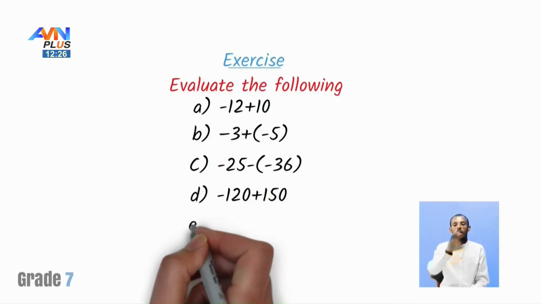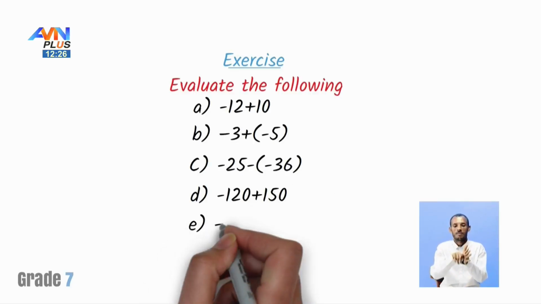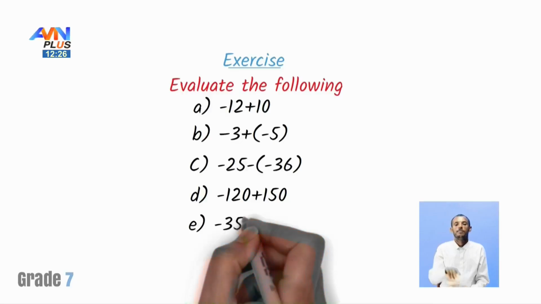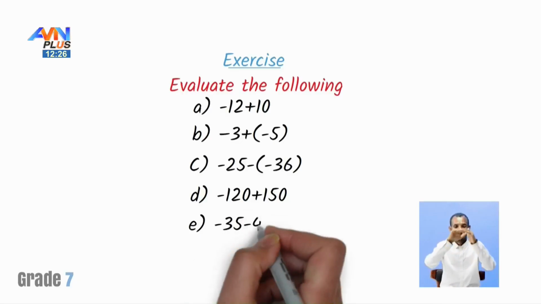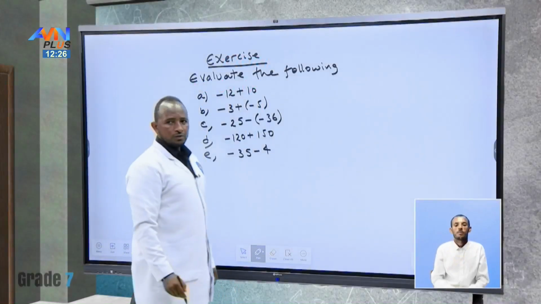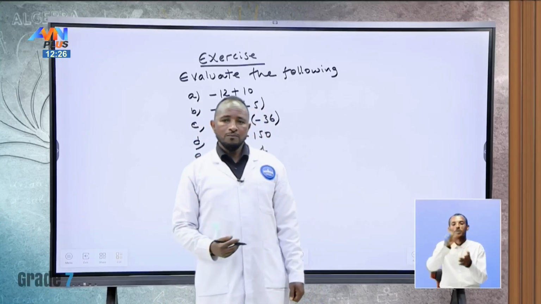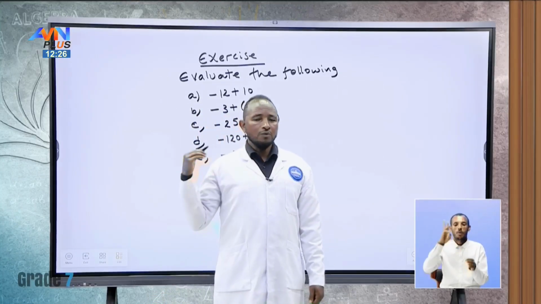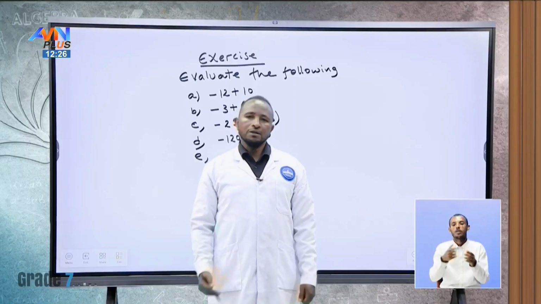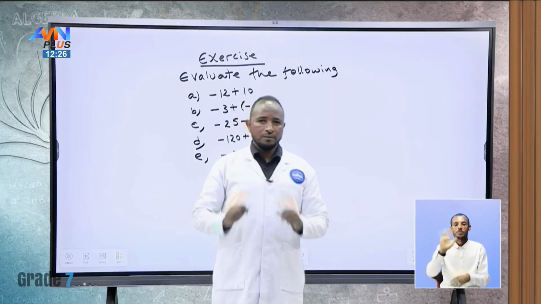E, negative 35 minus negative 4. So, please students, try these questions at home, and I'll give you 1 minute to copy the questions. Until next lesson, goodbye.